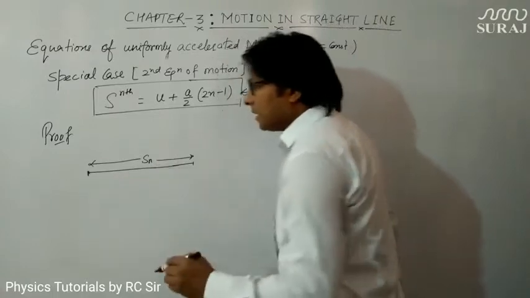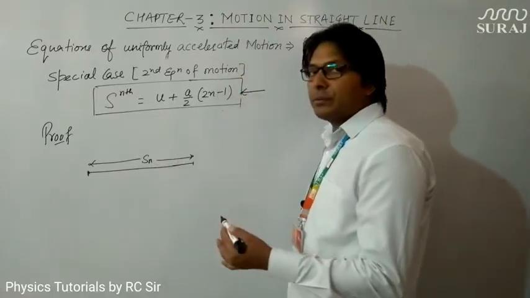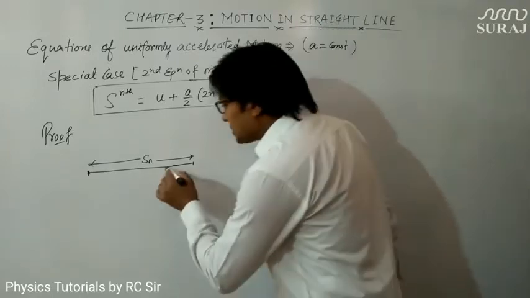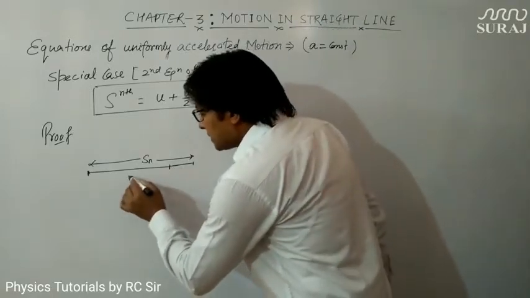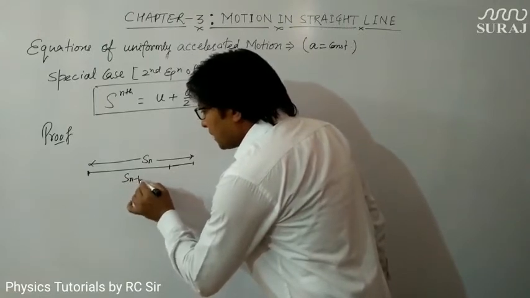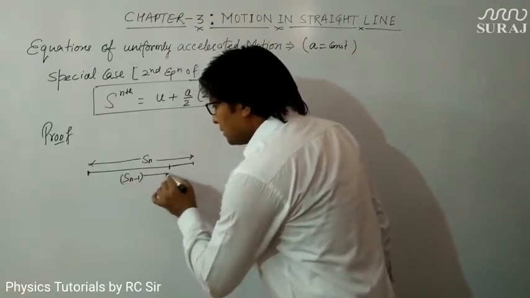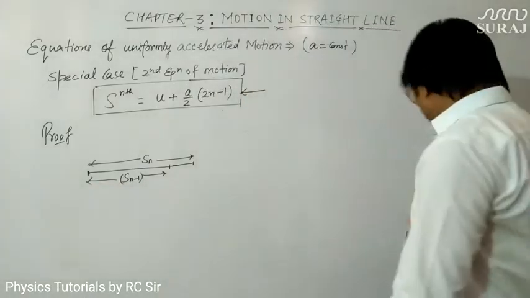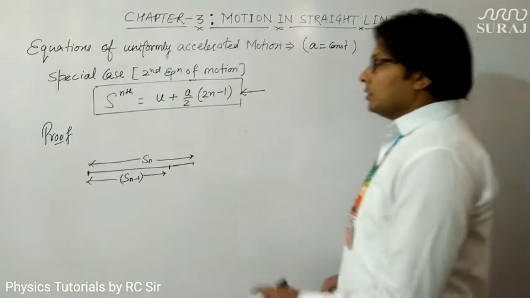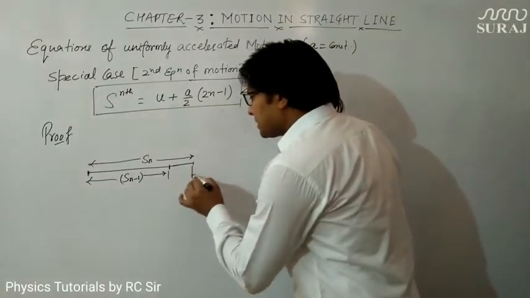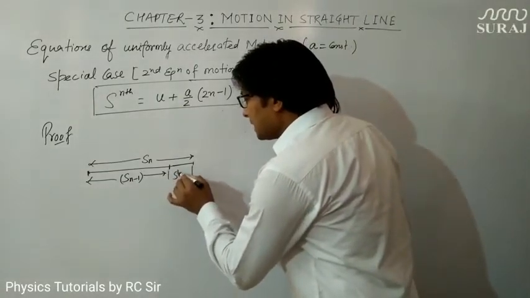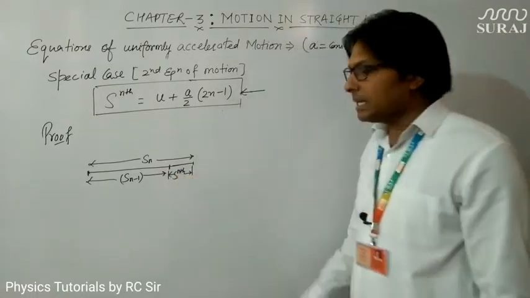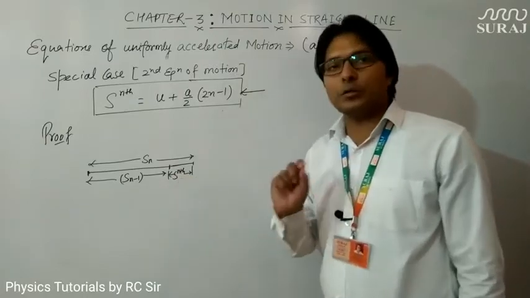Now if I ask you how much distance will be covered by the object in n minus 1 seconds, you will say, suppose this is the distance represented by S n minus 1, covered by that object in n minus 1 seconds. Now this remaining distance is Snth, the distance covered by that object in the nth second of its journey.